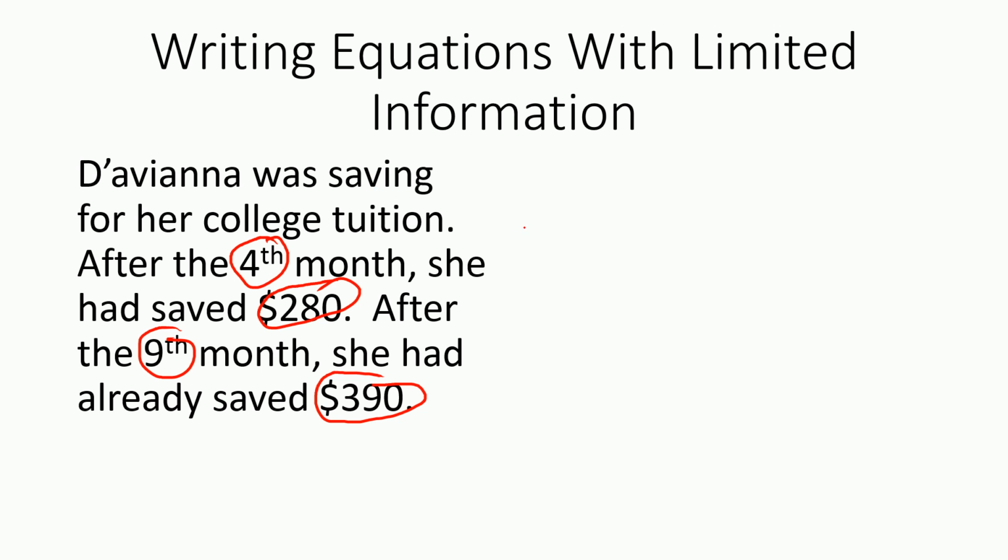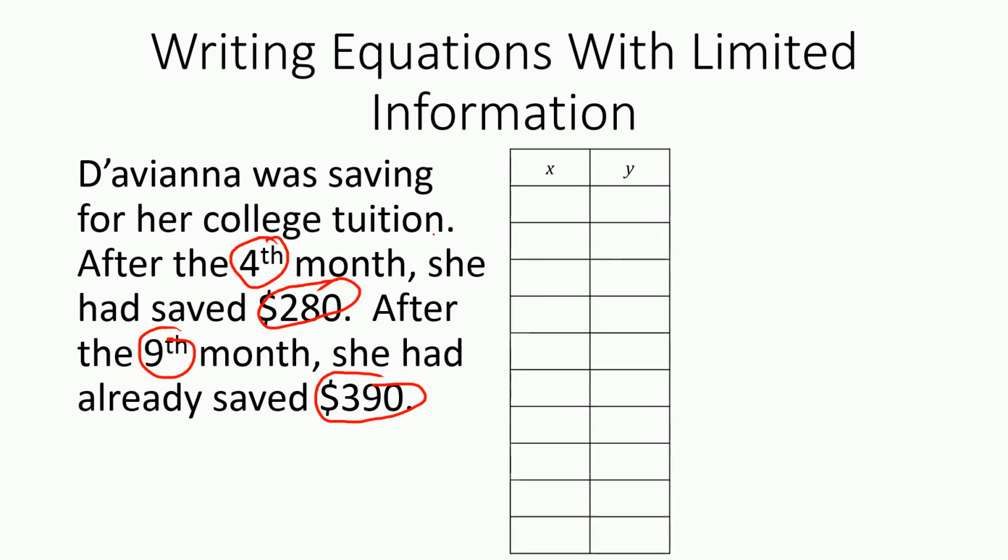Our job is to figure out what she had to begin with before she started saving, because then we can write an equation where we start at y equals, and we have a slope and an intercept. We're also going to have to figure out how much she's saving each month, which is what our slope represents. One way we can do that is to create a table and then fill in the table.